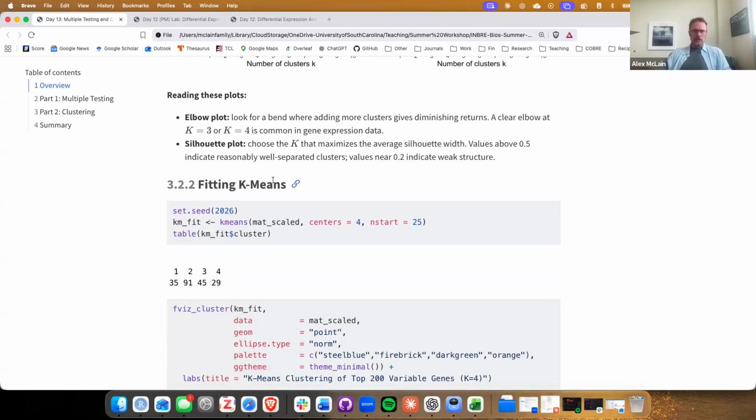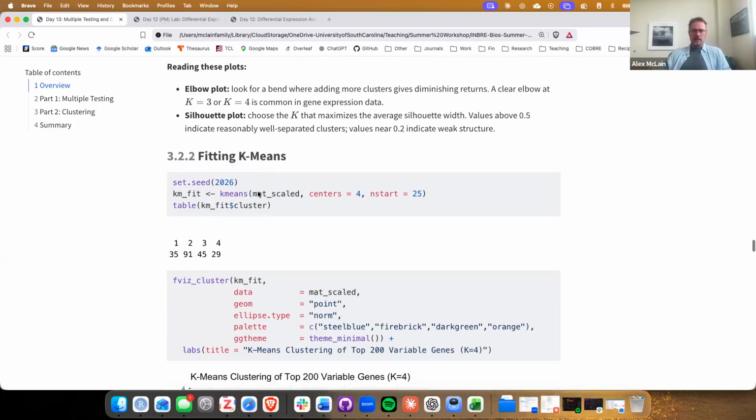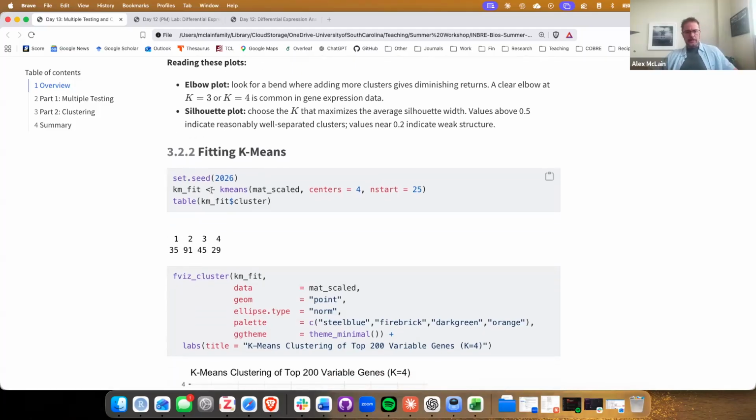Okay, so here we are going to fit k-means, and we are going to use the k-means function. Again, we give it the matrix that's been variance stabilized and scaled and all that. 4 centers, so that means we want to make 4 groups.